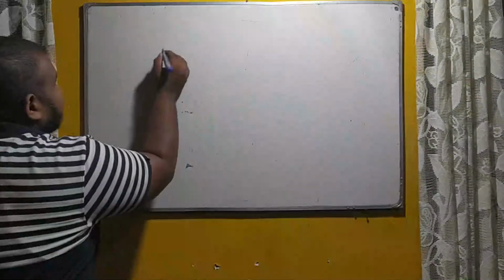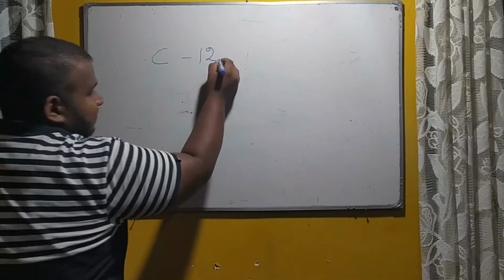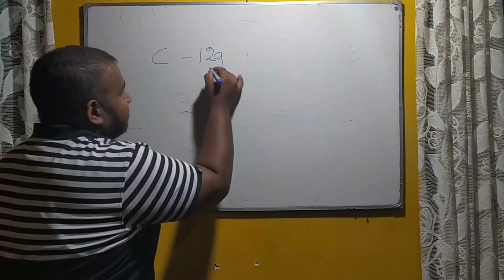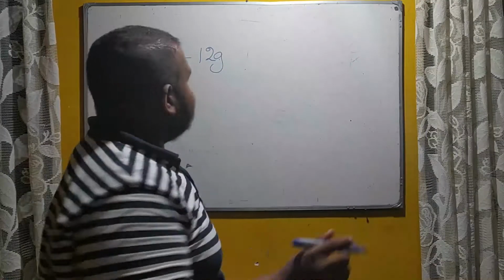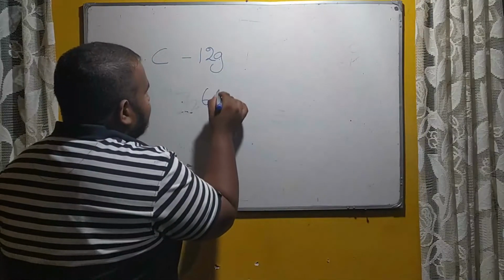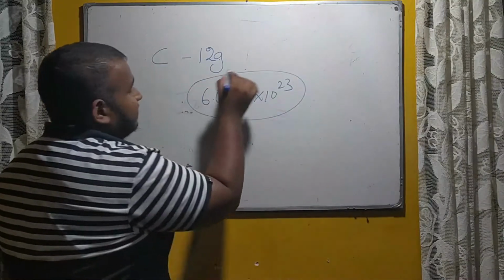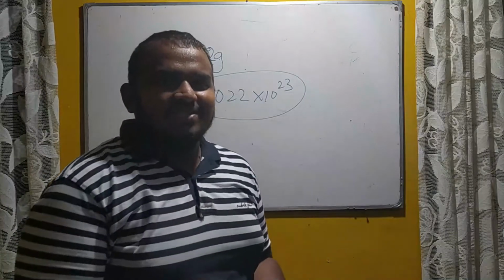You should think that the relative atomic mass of carbon is 12. What is the mass we have taken? We have taken 12 grams. So if you take 12 grams, how many atoms will there be? It will be 6.022 into 10 to the power of 23 atoms. I am asking in this manner to confuse you.